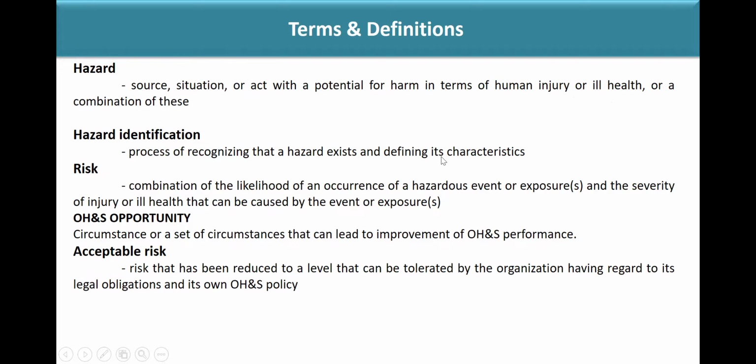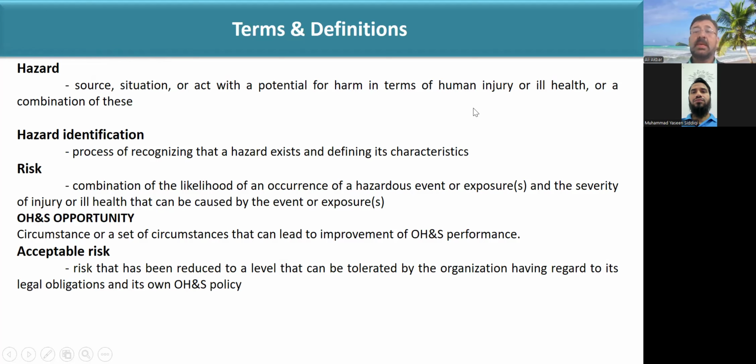When we are talking about hazards, sometimes the hazards are not obvious, and we cannot understand the potential hazards. Always, when we are doing the risk assessment, we have to identify the hazards. And never ever underestimate the hazards.